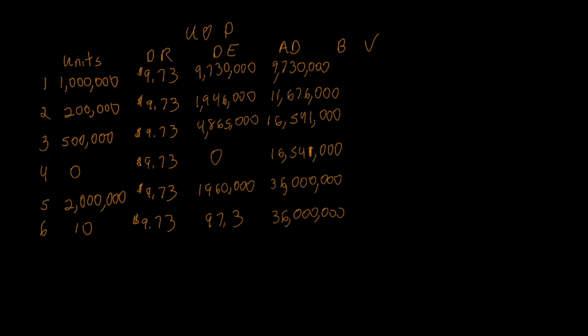And so if you pay attention to year 5, and notice that our depreciation expense is $19,460,000, if we add that to the previous year's accumulated depreciation, our new accumulated depreciation at the end of year 5 is $36 million. And so that basically means that we've fully depreciated the asset in year 5.